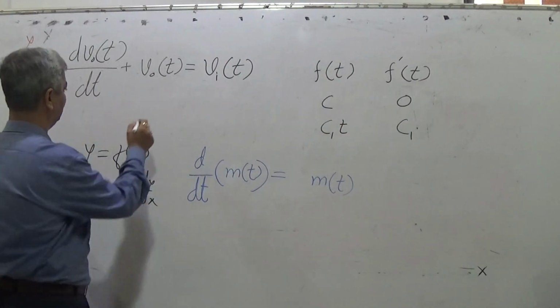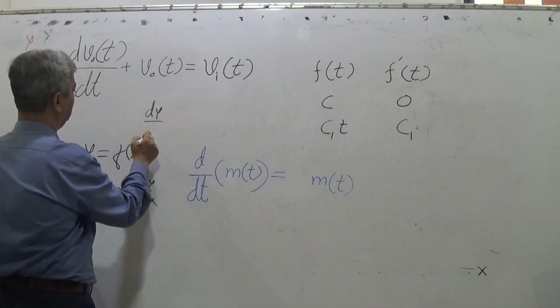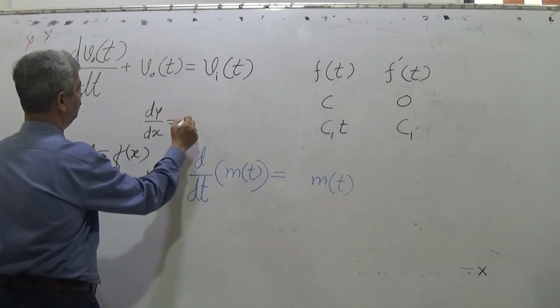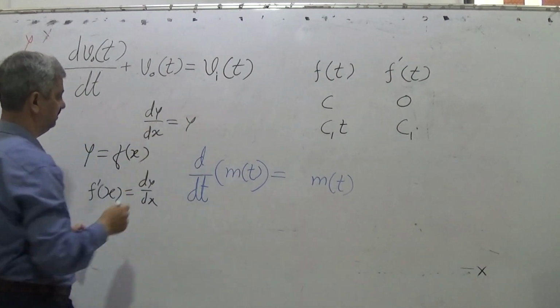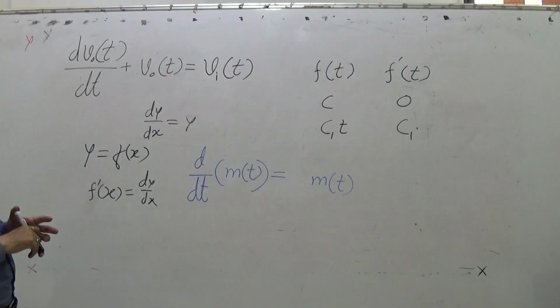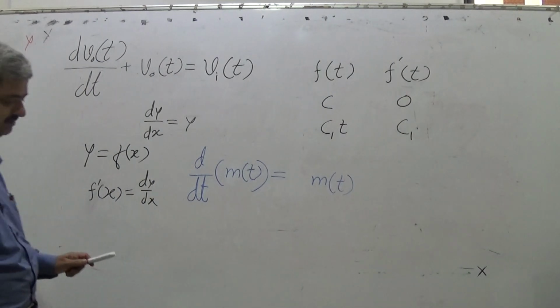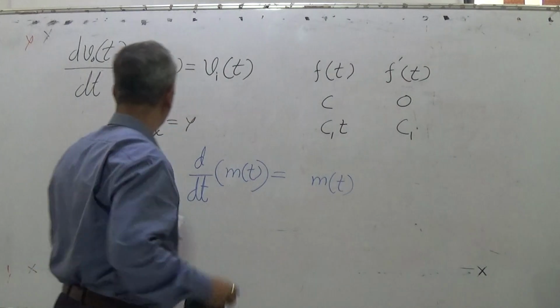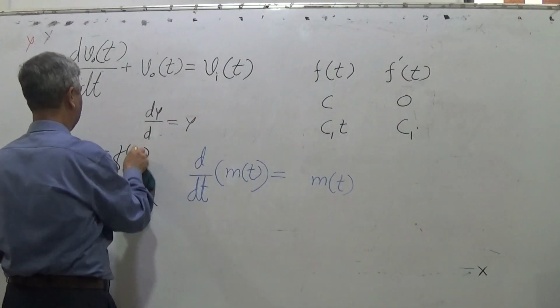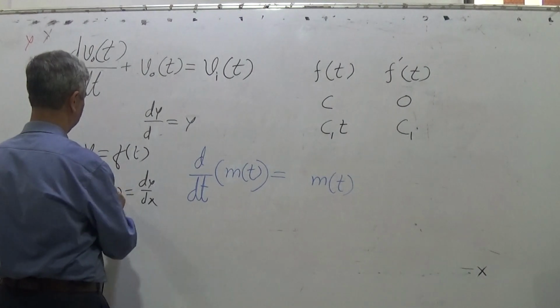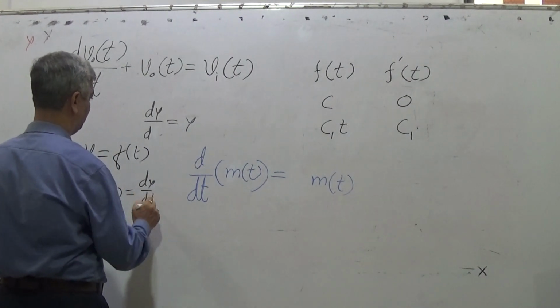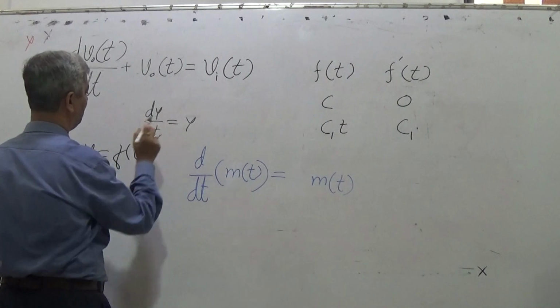And both are equal: dy by dx is equal to y. If we talk in the t domain, f dash t is dy by dt. dy by dt is y.